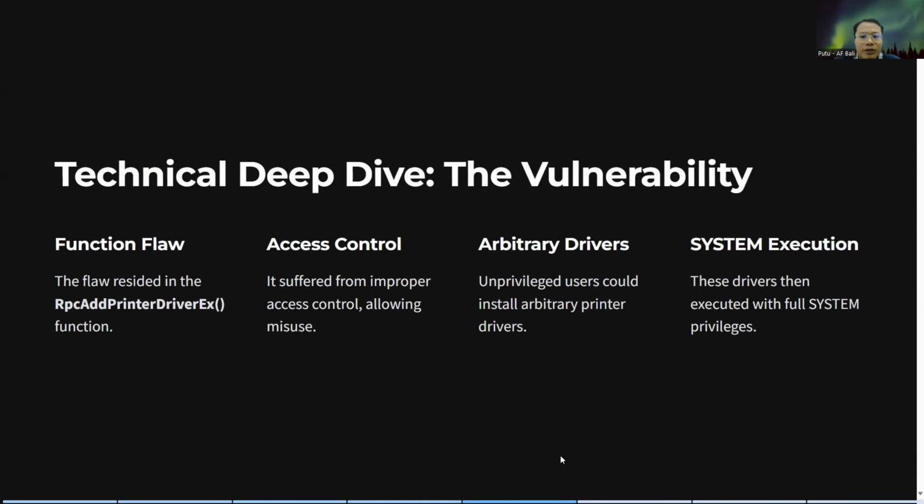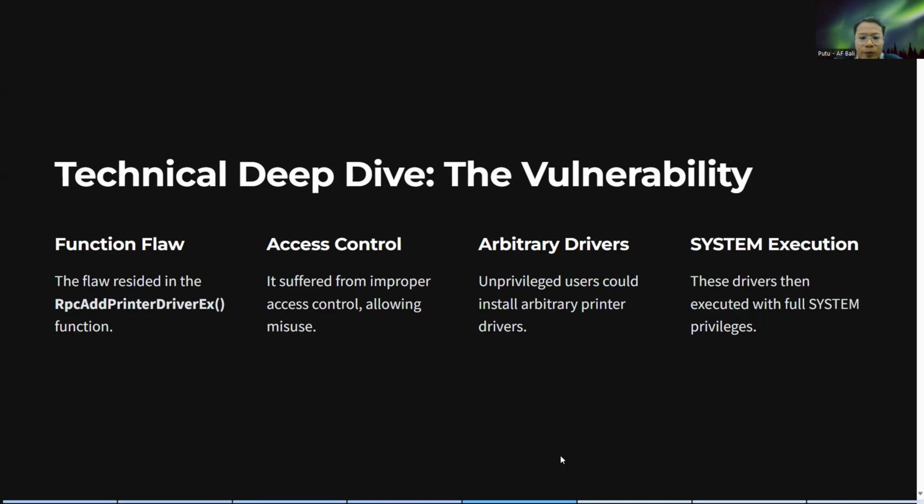And what is the vulnerability actually? There are a lot of things going on here, but the first is the function flaw. The flaw is in the RpcAddPrinterDriverEx function, which has a problem in the communication between the computer and the printer. Attackers can execute a program with system-level access.